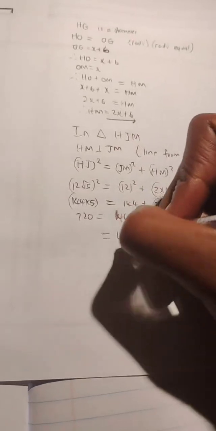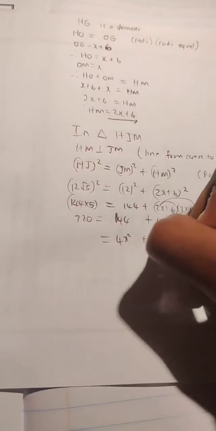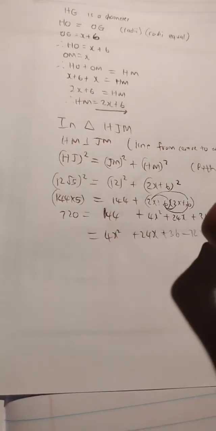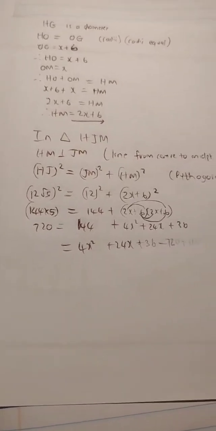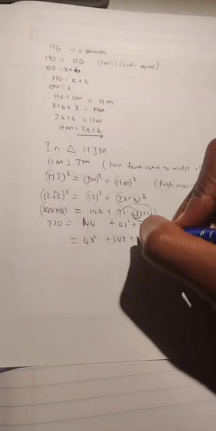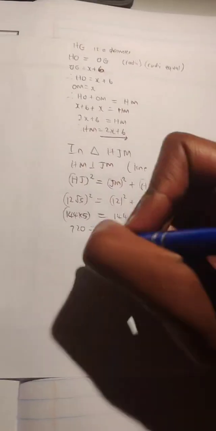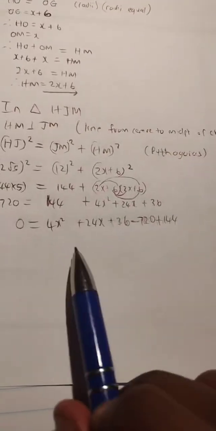Now I'm just going to write the equation in standard form. 4x squared plus 24x plus 36 minus 720 plus 144. And my pen is dying a slow death. 36 minus 720 plus 144. See all these live lessons, stationery is disappearing here.